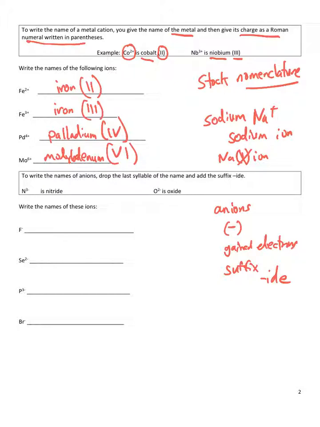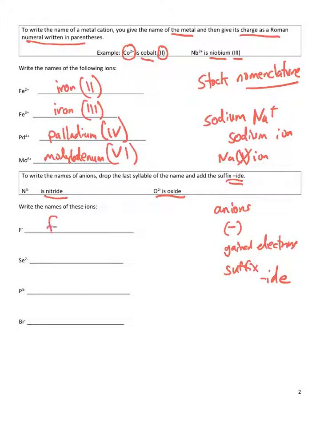So N3- is nitride. Nitrogen becomes nitride. O2-, oxygen becomes oxide. So we drop the last syllable and add the suffix -ide.